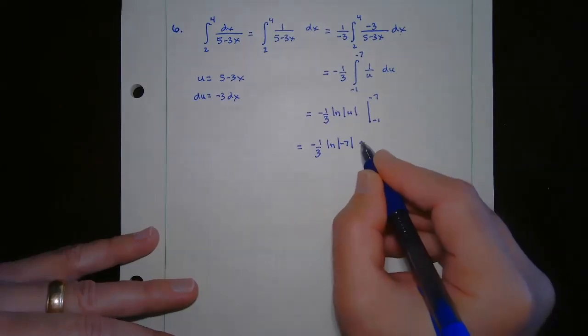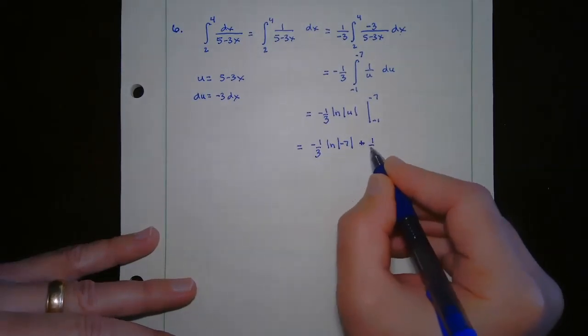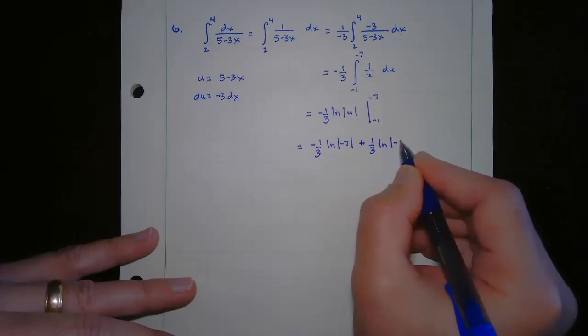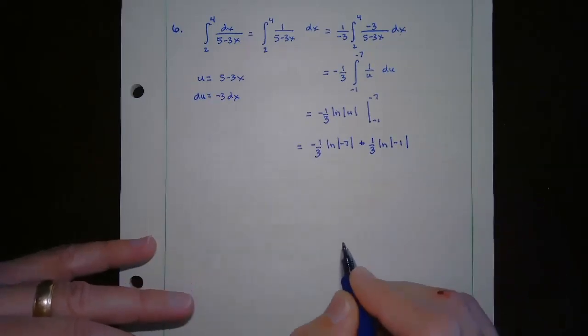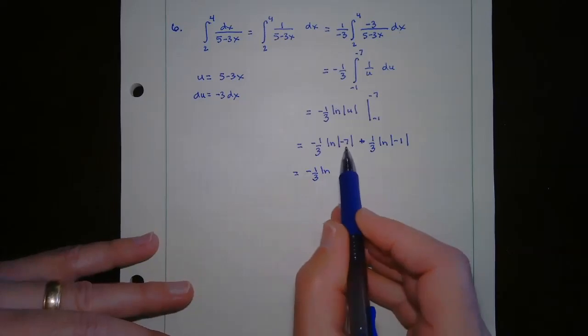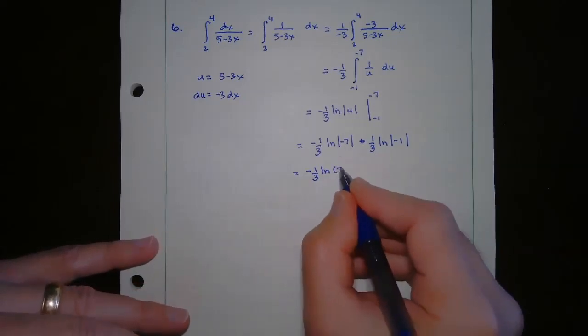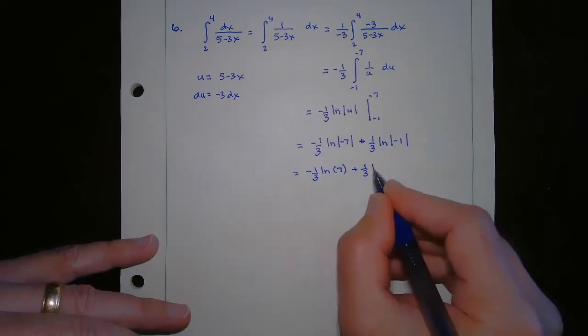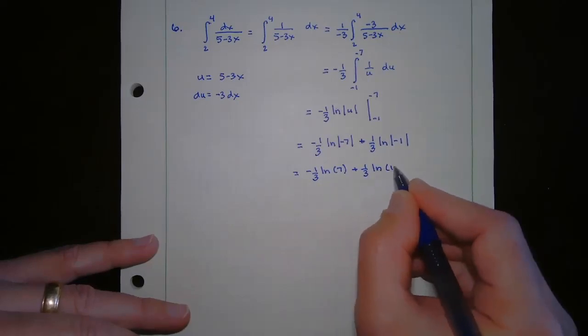So that's going to actually make this become positive 1/3, the natural log of the absolute value of negative 1. Okay, so this is equal to negative 1/3, the natural log, well, the absolute value of negative 7 is just 7, and then plus 1/3, the natural log of 1.